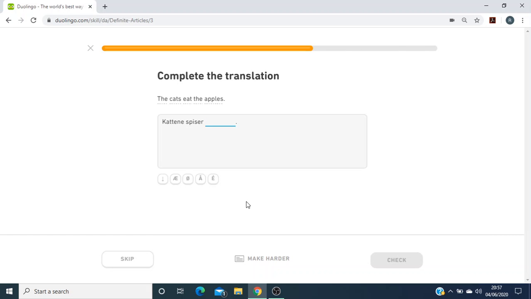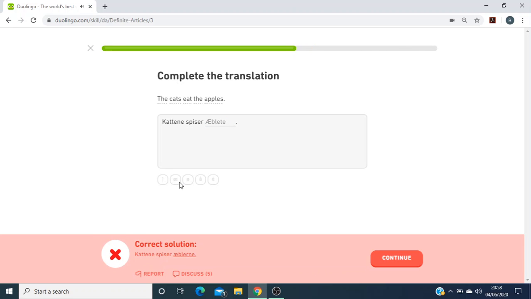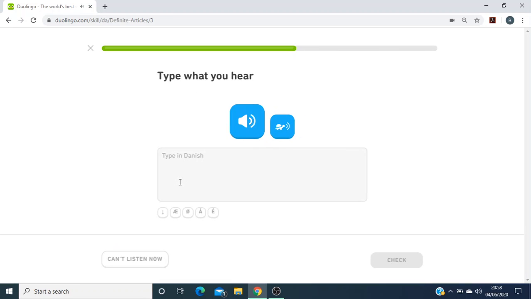Kattene spiser... oh, it's that AE thing. Not sure about that one, I might have this one wrong. Æblene. Læser du aviserne? Læser du aviserne?